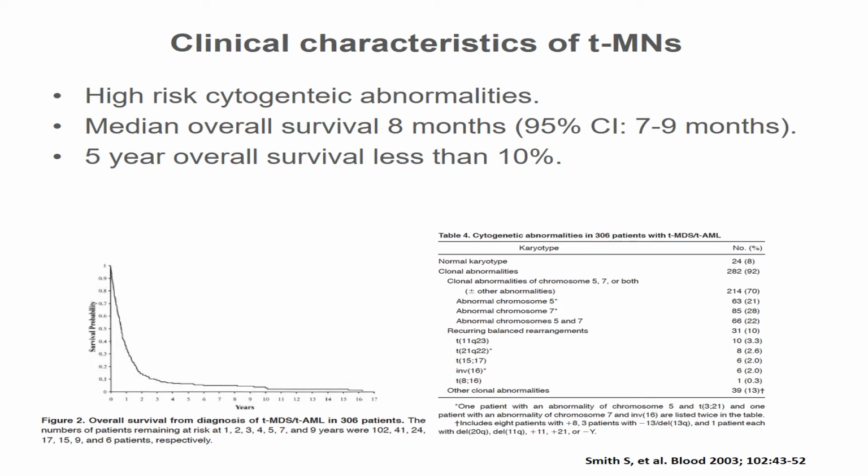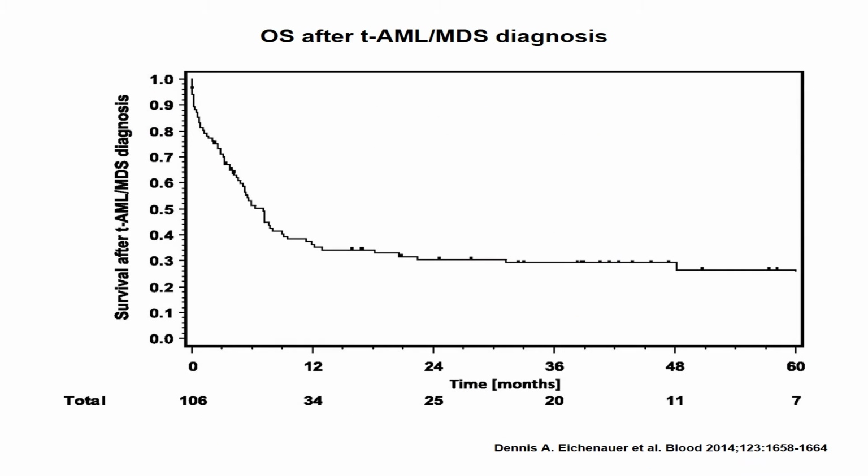The characteristics of these patients have now been looked at by a number of studies. This is from University of Chicago in a relatively small number of patients, about 300. And they typically have high-risk cytogenetic abnormalities. I don't know if you can see this, but these are typically complex and chromosome 5 and 7 abnormalities. But as you can see, you can get therapy-related APL or therapy-related core binding factor leukemias.